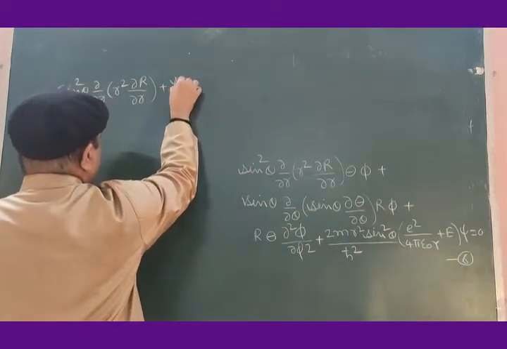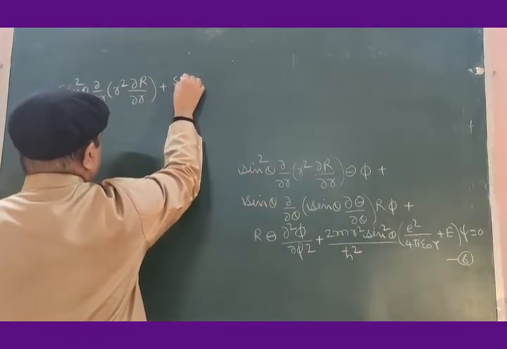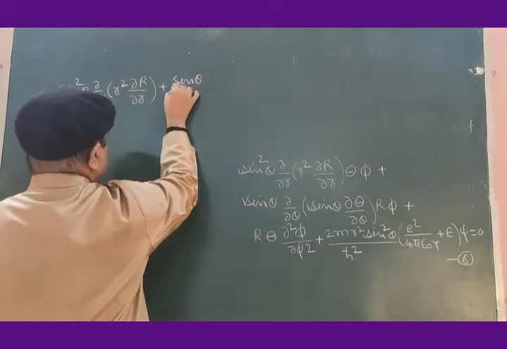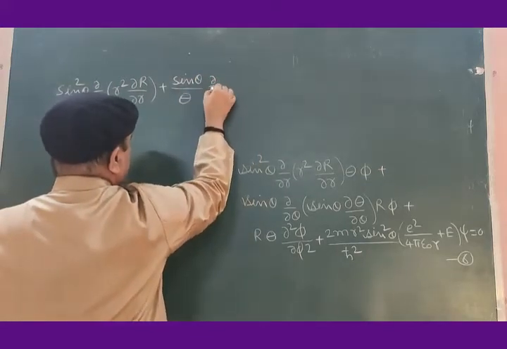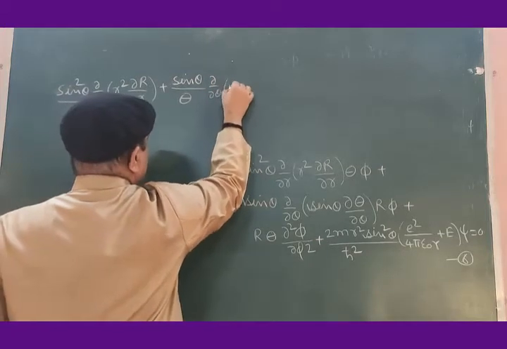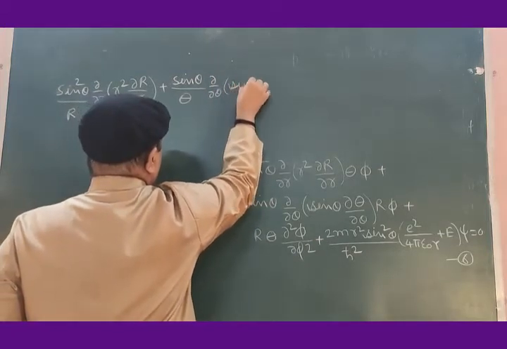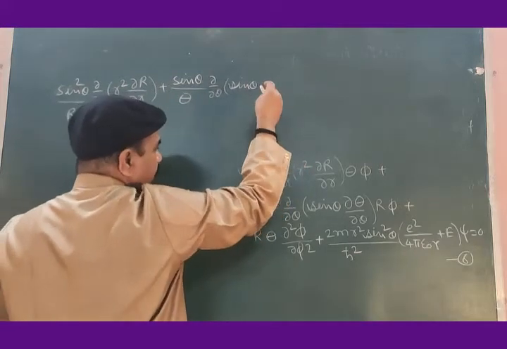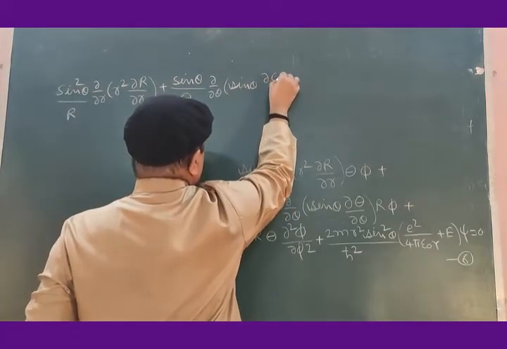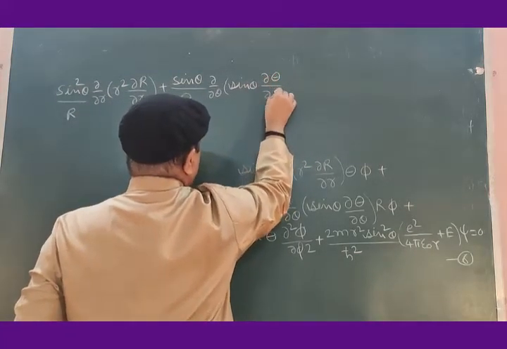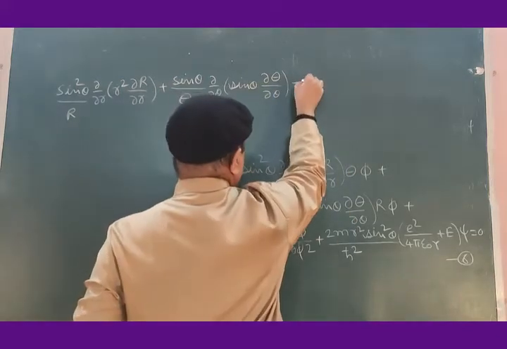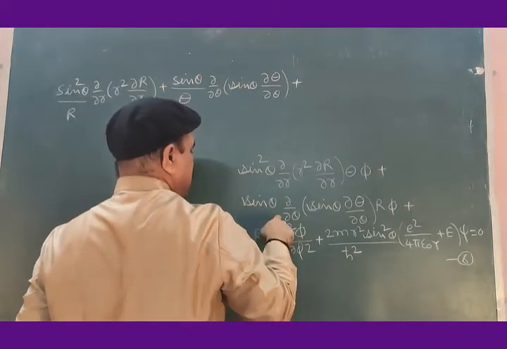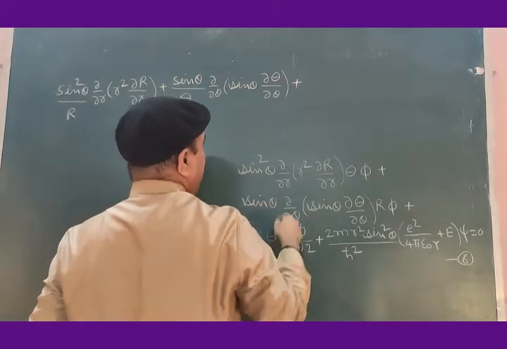So let me put it here: (sin theta divided by capital Theta) dou by dou theta of sin theta dou capital Theta by dou small theta, plus here r theta get cancelled and in the denominator phi will appear.